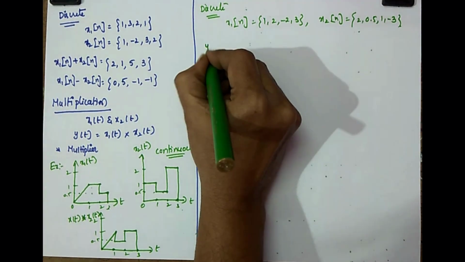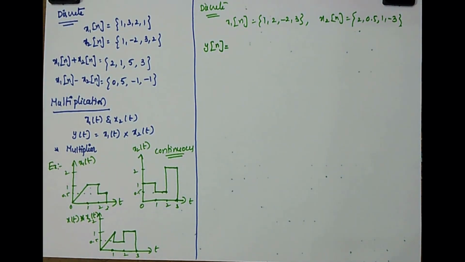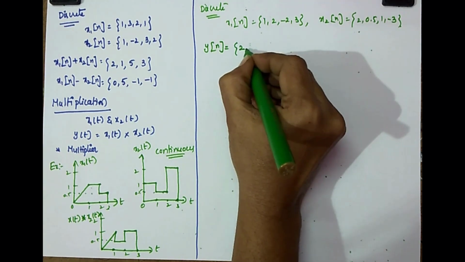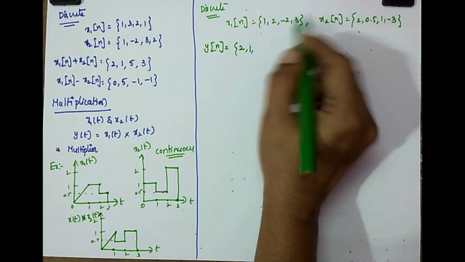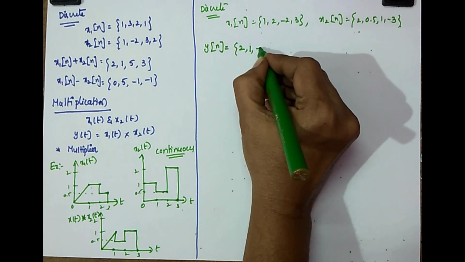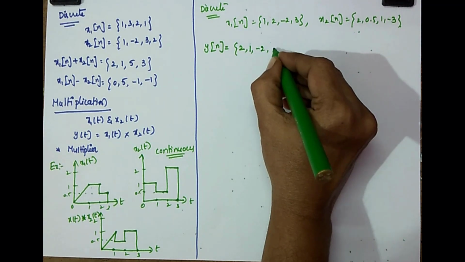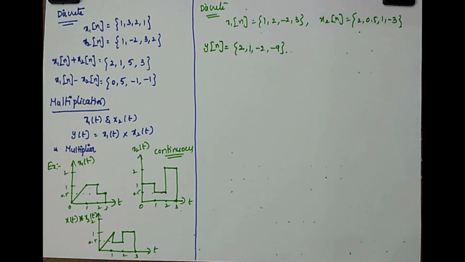Then y of n: so just multiply. 1 into 2 is 2. 2 into 0.5 is 1. Minus 2 into 1 is minus 2. 3 into minus 3 is minus 9. So this is simply the multiplication.